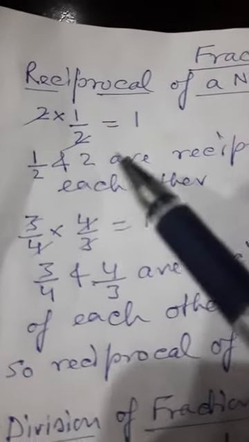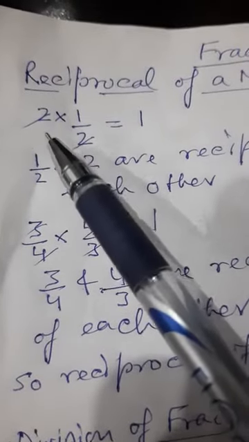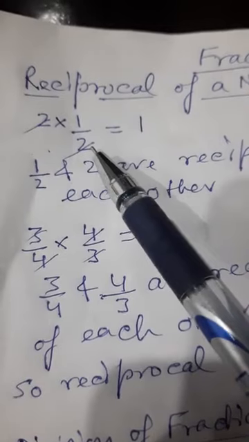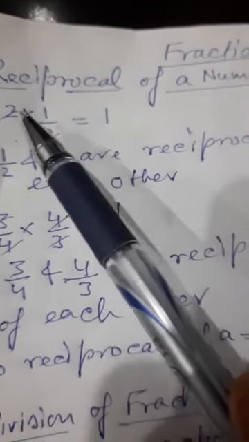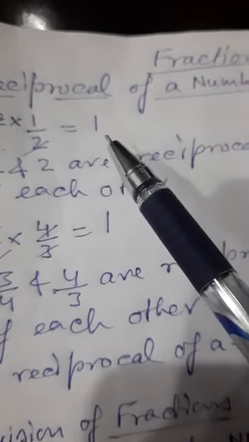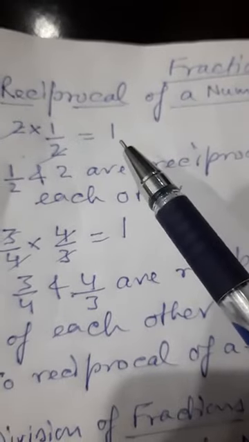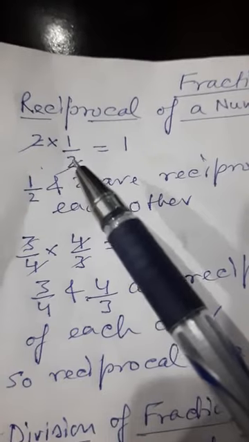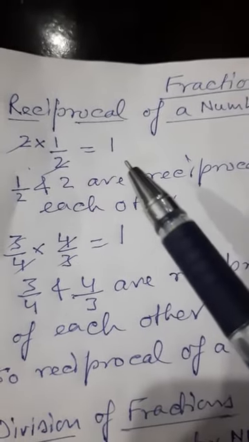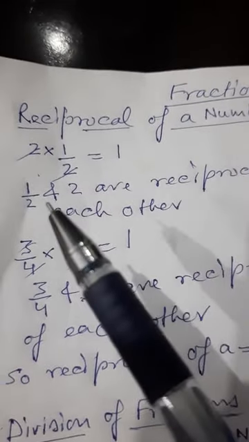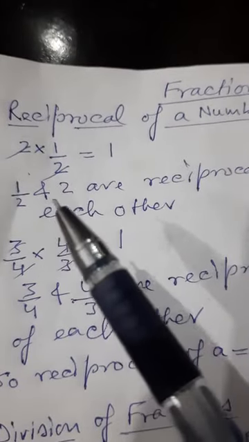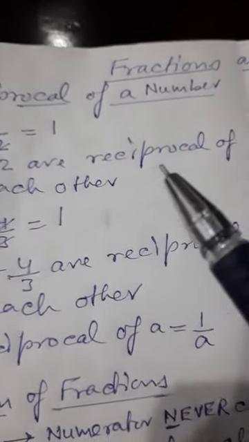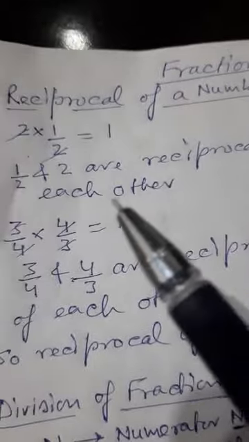For example, if we multiply 2 by 1 upon 2, 2 and 2 will get cancelled and the result comes 1. So the two numbers here are 2 and 1 upon 2 whose product is 1. That is why 1 upon 2 and 2 are called reciprocal of each other.